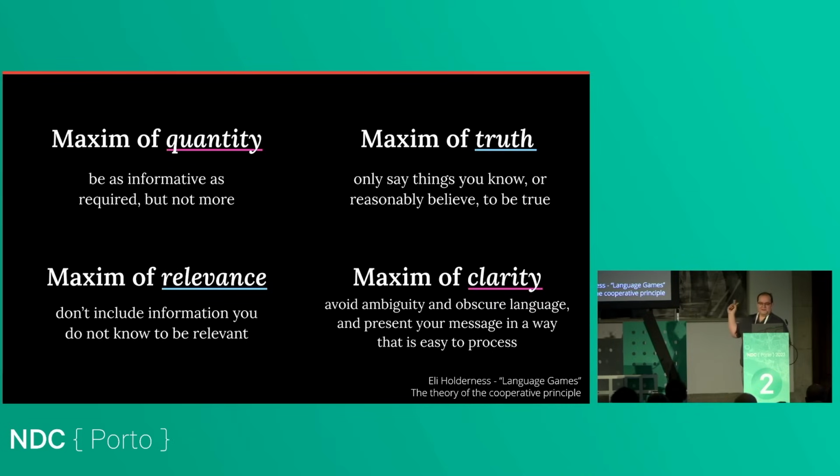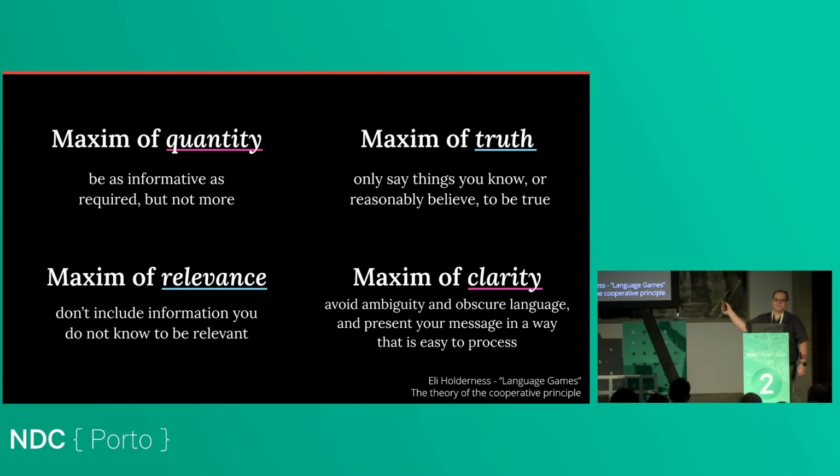And another thing, if you have seen yesterday's keynote, what EF Core also pretty nicely represents is the theory of cooperative principles. Basically, what that means is when you want to have code, for instance, that concisely messages what it wants to do, does only what you ask it to do, and various other things.